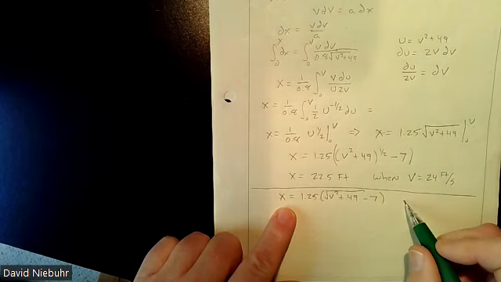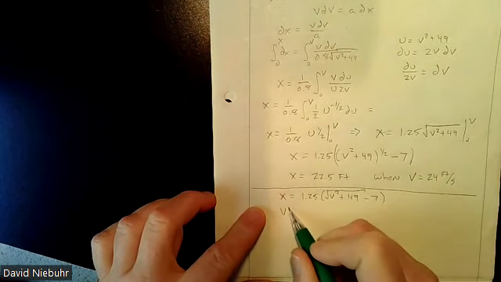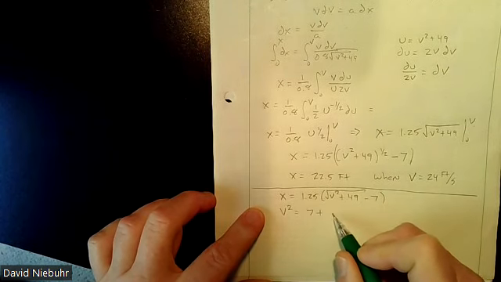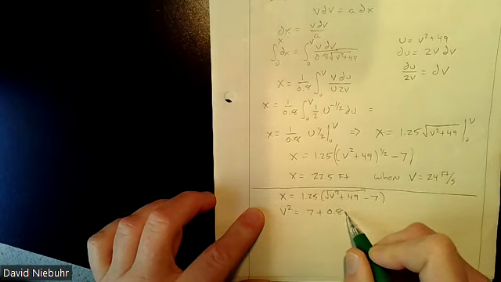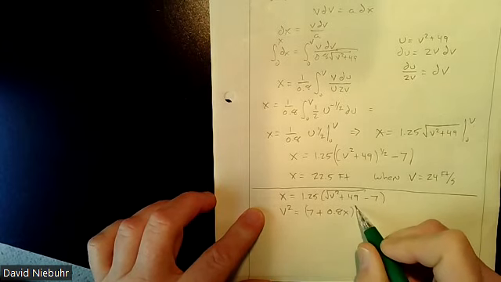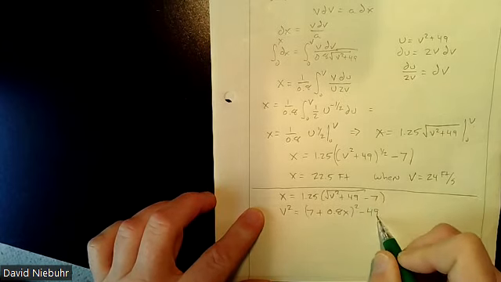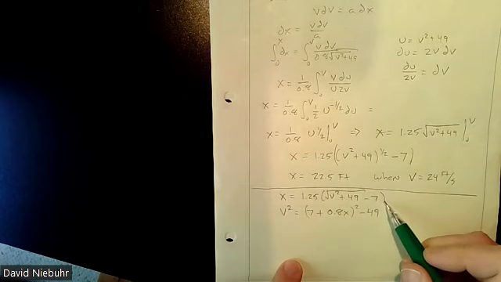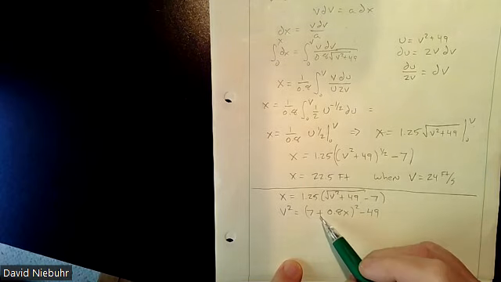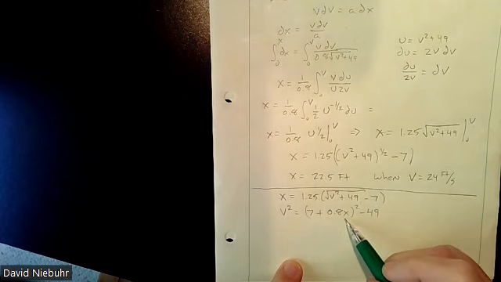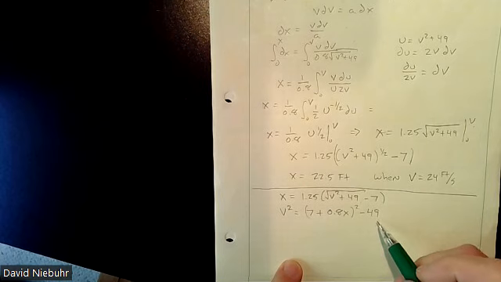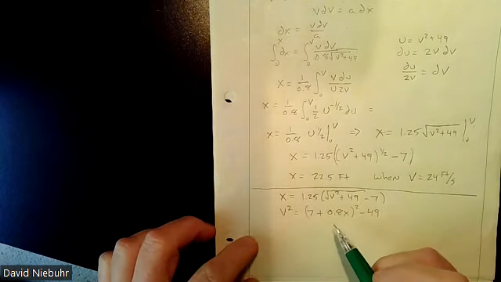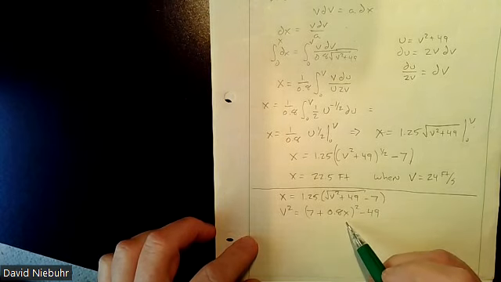Now I want to solve for v. So v squared is going to equal (7 plus 0.8x) squared minus 49. I skipped a few steps, but that's just algebraic manipulation. Then we can take the square root of that, or just plug in our value for x.